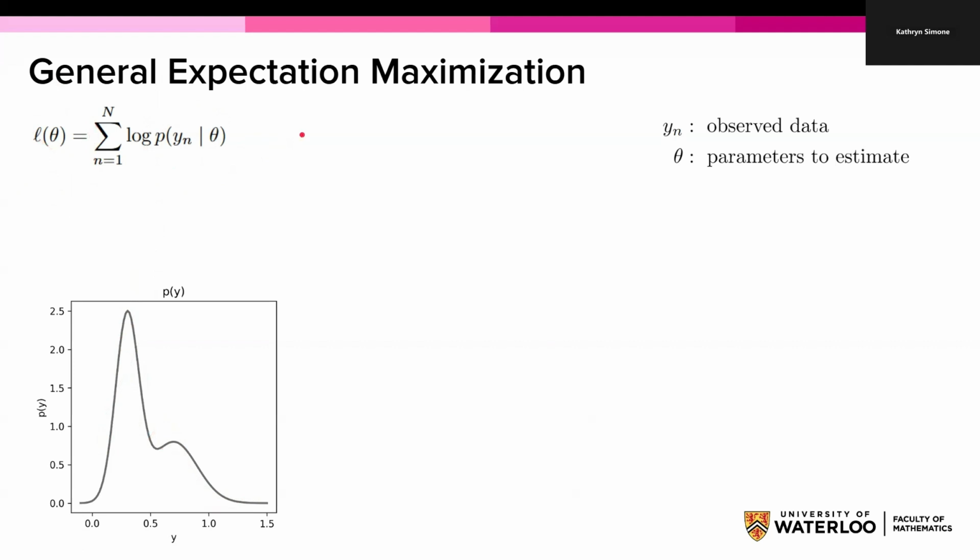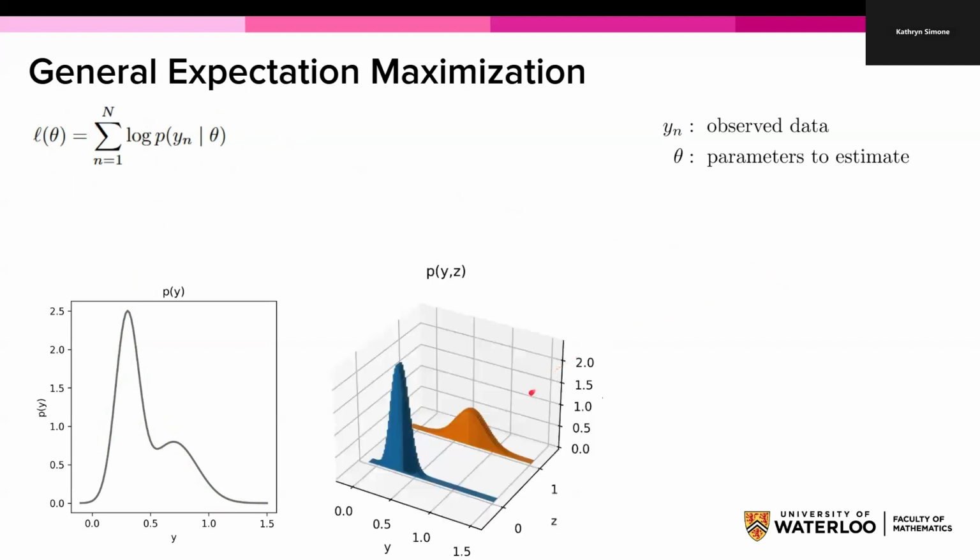And so one way to sidestep that issue of sums inside of a log is to introduce a hidden variable, z, and that's going to allow us to express the log likelihood in terms of a joint density. So not just the observed data, yn, but also including a hidden variable z. These hidden variables are going to capture additional unobserved information like the latent structure or group assignments in the data.